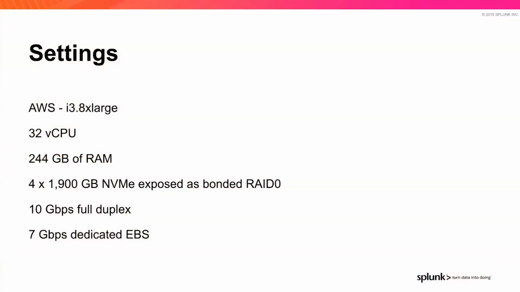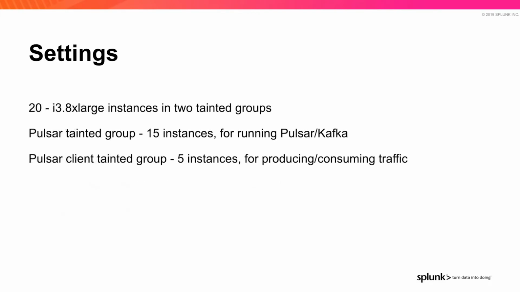These are the settings that we used. We used AWS i3.8xlarge machines with 32 CPUs each, 244 GB of RAM, 4 NVMe disks, 10 Gbps full duplex, and a dedicated 7 Gbps to the EBS volumes. 20 8xlarge instances were used, with one tainted group of about 15 instances for running Pulsar versus Kafka, depending upon the experiments that we run, and another tainted group used for consuming traffic.